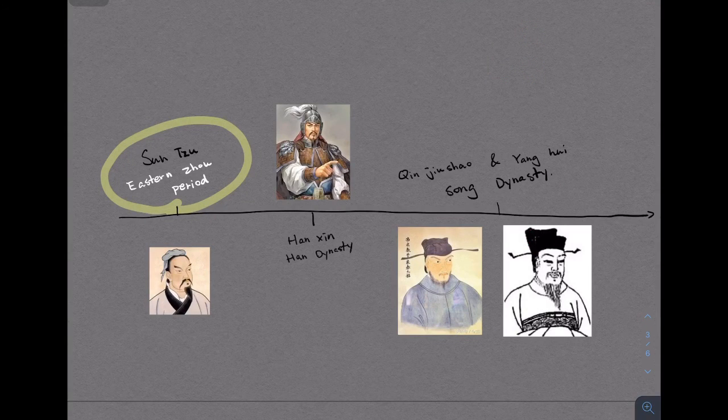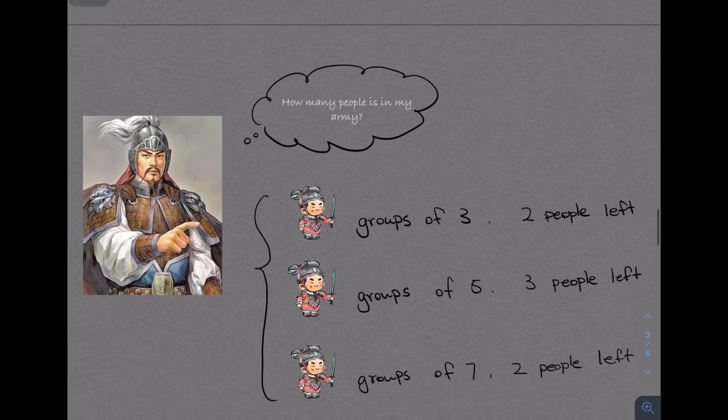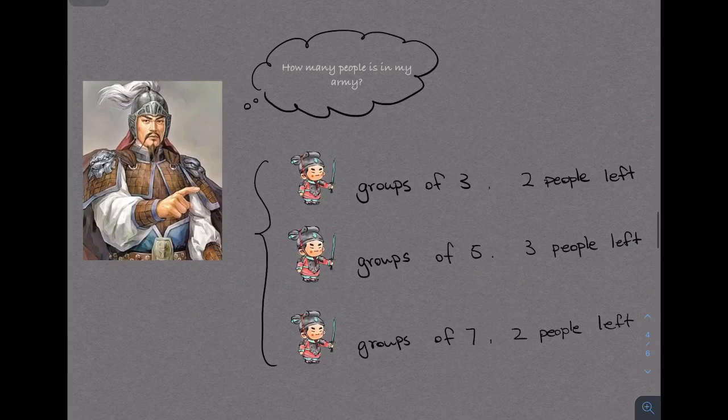Okay, now I think we are ready to do some math. According to the Chinese legend, there was one time Han Xin wanted to count his soldiers in his army, so he let the soldiers stand in rows by groups of 3, and there were 2 people left, so he got a remainder of 2.